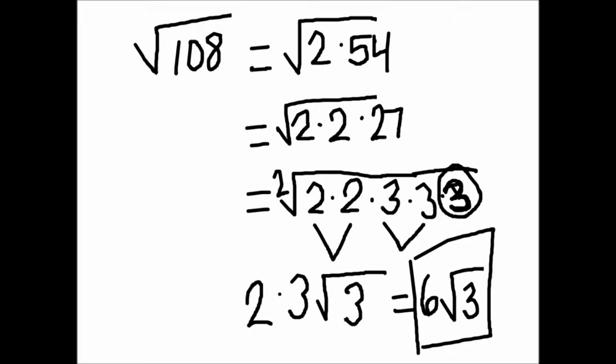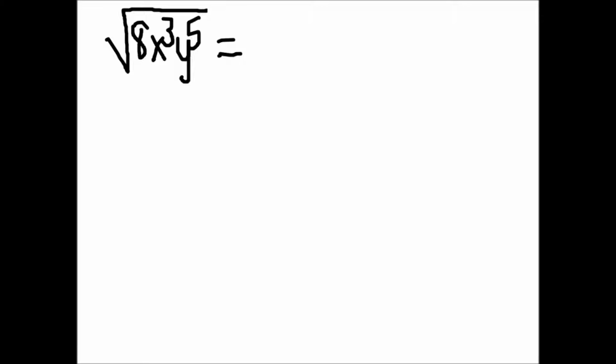So let's try another one. Our problem is the square root of 8x to the third, y to the fifth. Okay? So let's do 8 first. 8 is 2 times 2 times 2.